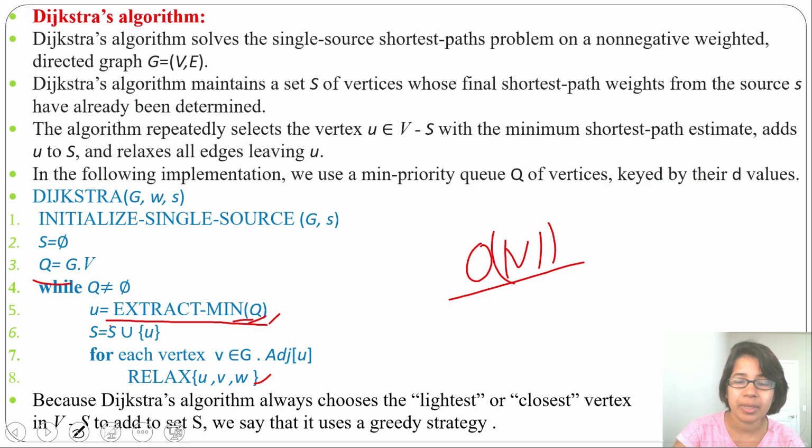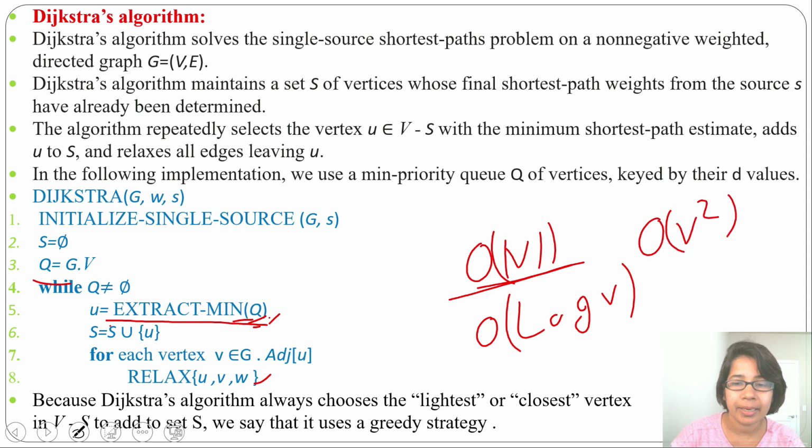So extract min running time will be order of V if this is an array, and if this is a binary min heap, then extract min running time will be order of log V. And for every vertex we are doing this. So if Q is an array, then running time will be order of V square, and if it is maintained by a binary min heap, then running time will be order of E log V.